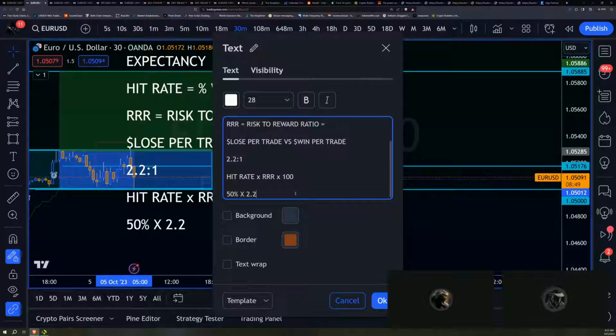times 2.2. So 50% is going to be expressed as 0.5, right? 50% is half. So it's actually going to be 0.5 times 2.2 risk to reward ratio. That's your hit rate, right? And let's leave the notation out of it.